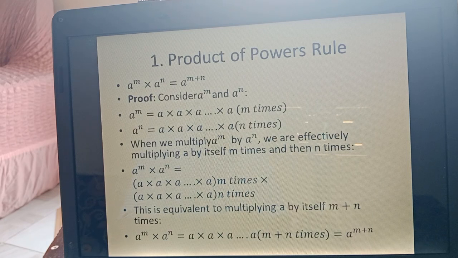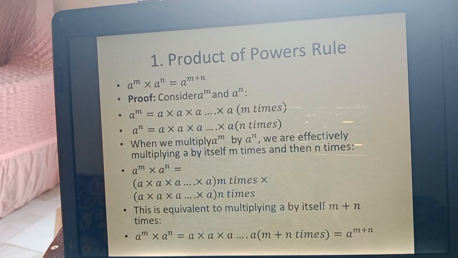When you multiply a raised to m by a raised to n, we are effectively multiplying a by itself m times and then n times. Do you believe that, guys? All right? So let's take 2 squared times 2 squared. 2 squared means that I'm repeating 2 two times.